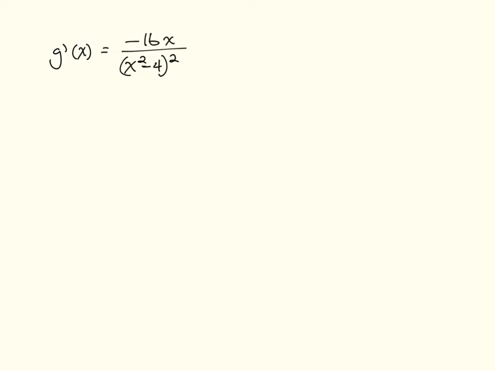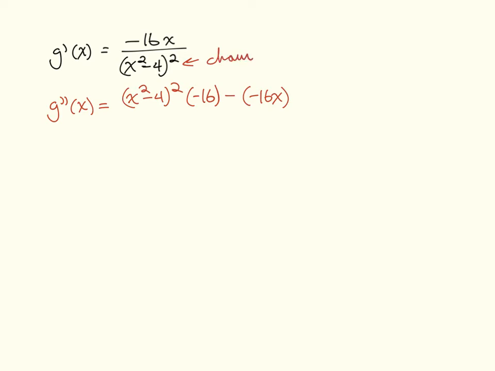In order to find the second derivative, the quotient rule would need to be applied again. This is the first derivative copied over from the first page. The second derivative will be the denominator, which is x squared minus 4, the quantity squared, times the derivative of the numerator, which is negative 16, minus the numerator, 16x, times the derivative of the denominator.